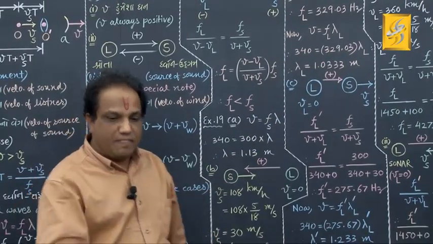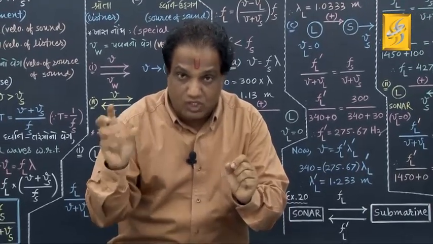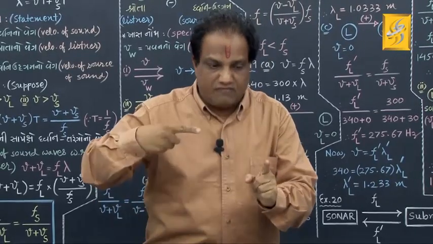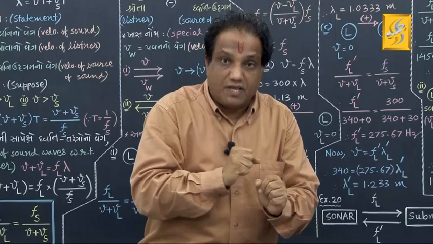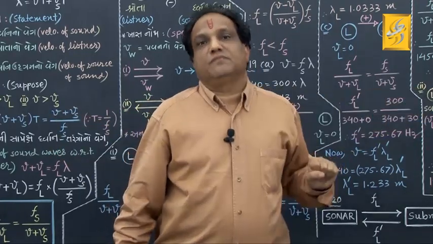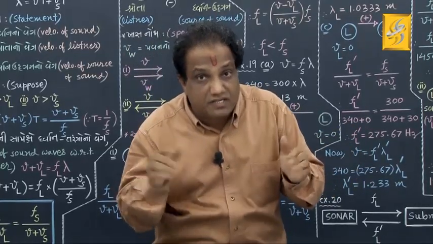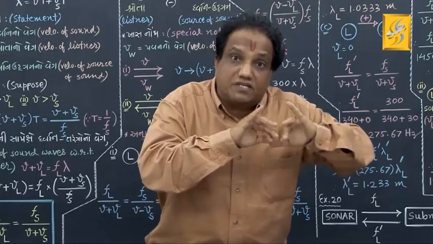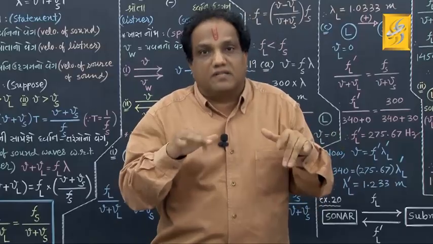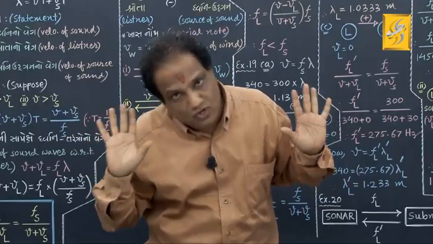So what I mean to say is, when the listener is at rest and only the source of sound is in motion, the source may move towards the listener or away from the listener. In both cases there is relative motion, but in one case the distance is decreasing, in another the distance is increasing. That's why the frequency may be smaller or greater than the actual frequency, and depending upon that, the wavelength will also be different. Got it? Fine.